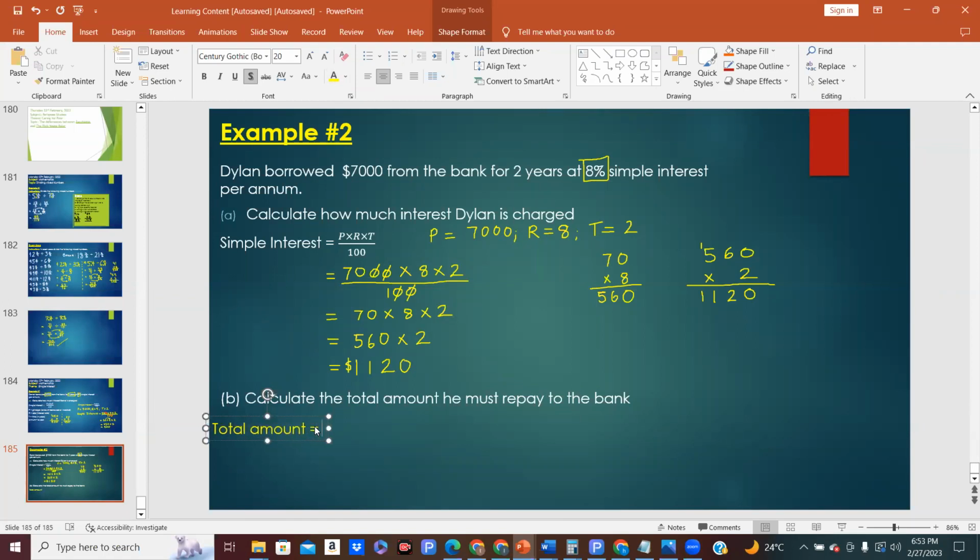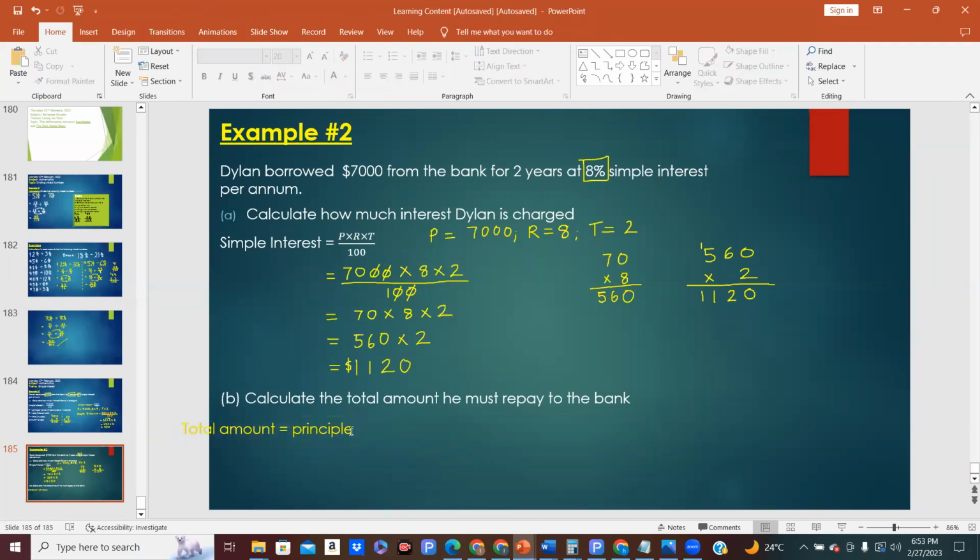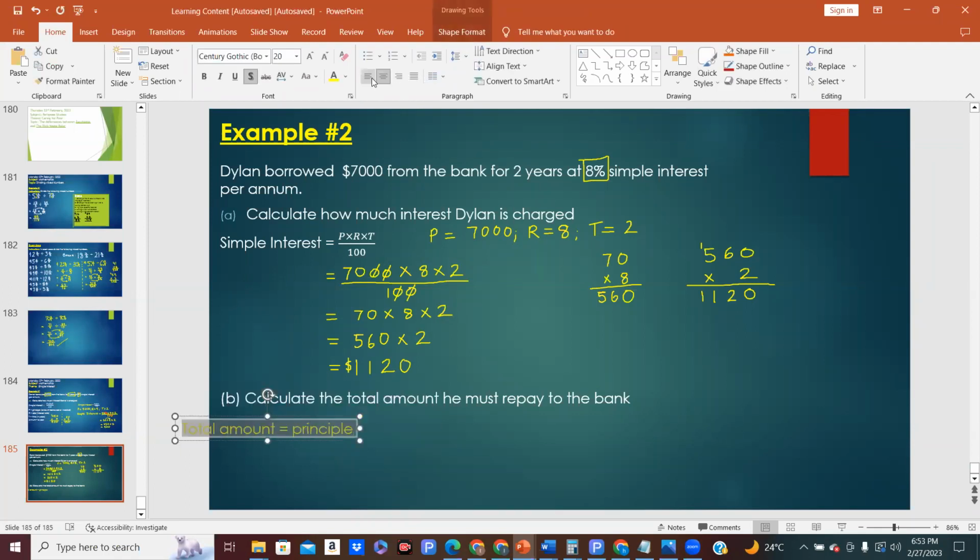The total amount equals the principal plus the interest charges.